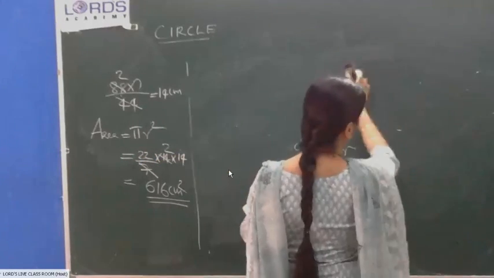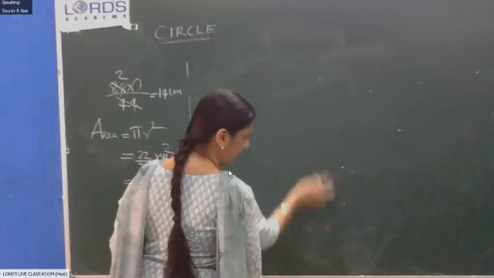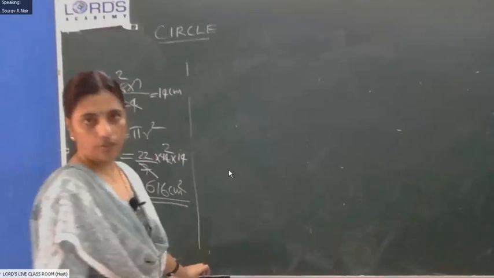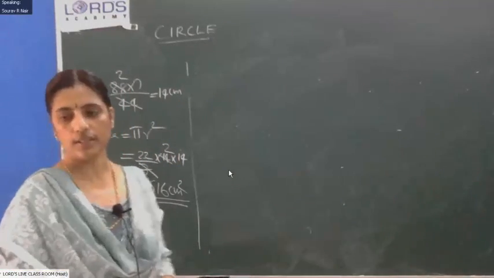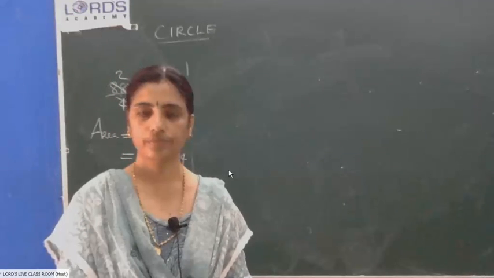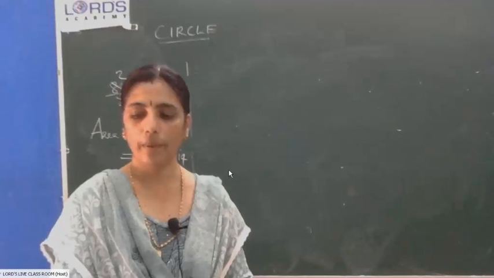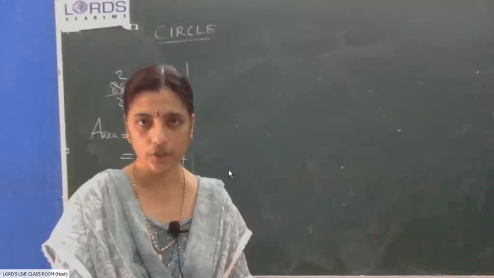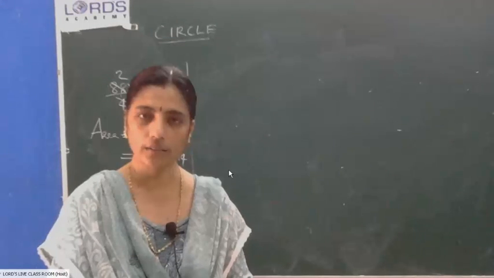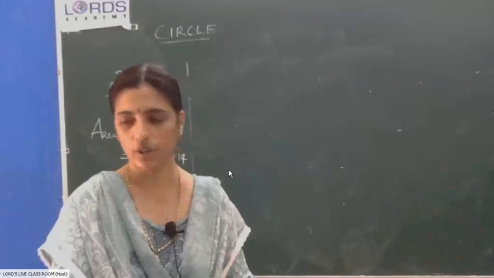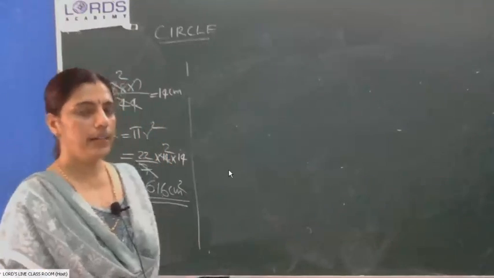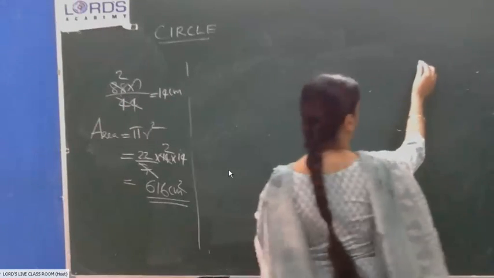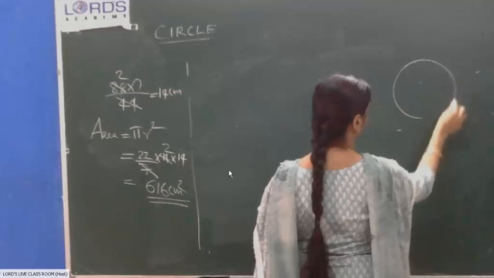Inner circumference, that means inside. Inner circumference of the path is 176 meter, and width of the path is 3.5 meter. Find the area of the path.